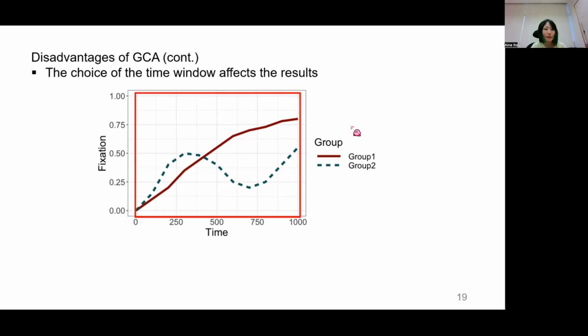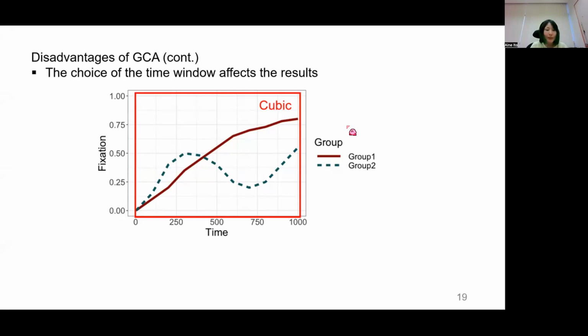If you run growth curve analysis in this window, you might find an interaction of the cubic term by group, because group 2 shows a pattern where the fixation proportion increases, decreases, and then increases again, whereas group 1 doesn't show such a pattern. So you might find such an interaction if you take the entire window.